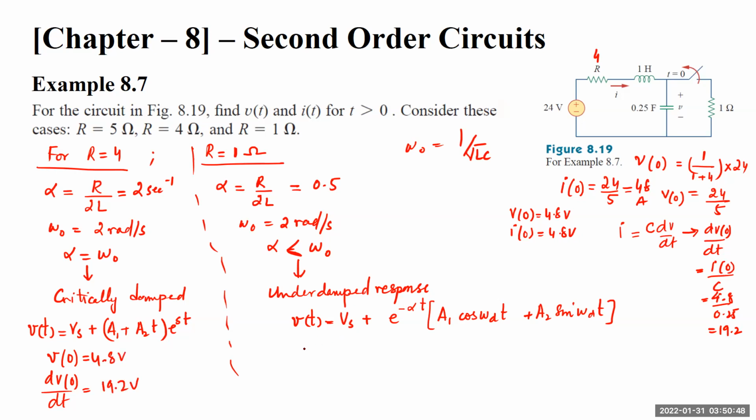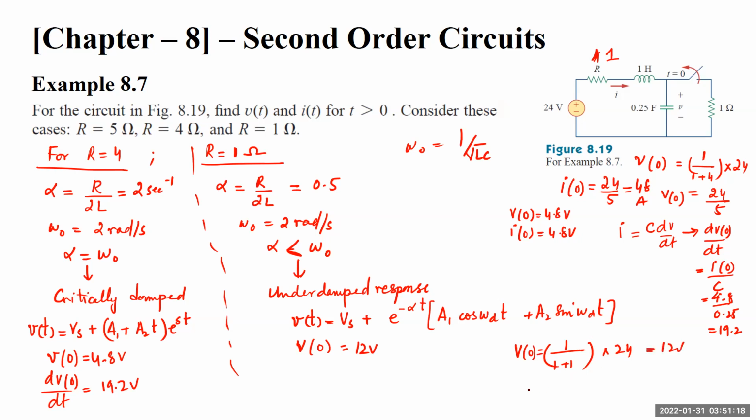And for the other case, if we calculate v of 0, this equals 1 divided by (1 plus 1) multiplied by 24. Sorry, not 124, it is 24. So v of 0 is 12 volts.